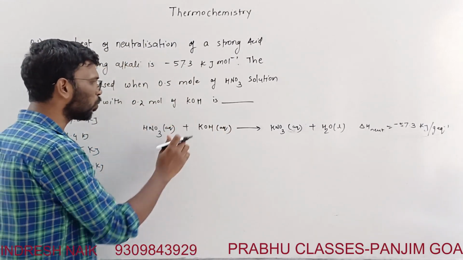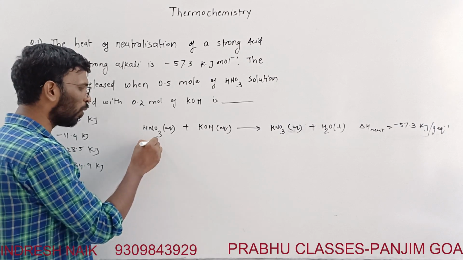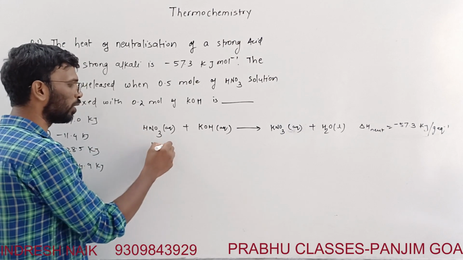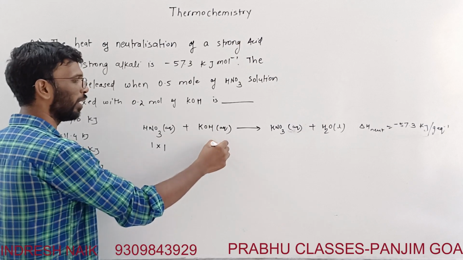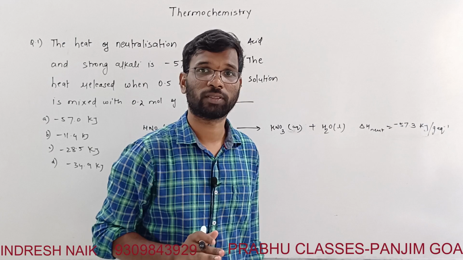This is 1 mole, which means how many gram equivalent? 1 gram equivalent, no? How do we write the number of gram equivalent? Number of moles multiplied by n factor. For HNO3 the n factor is 1, and for KOH the n factor is 1. So both are 1 gram equivalent and 1 gram equivalent, right?